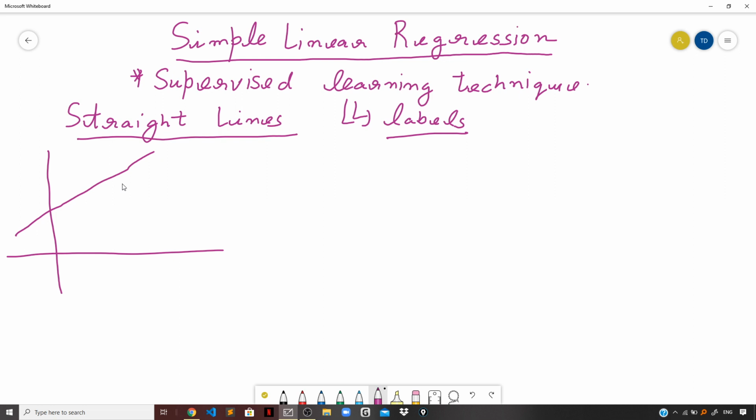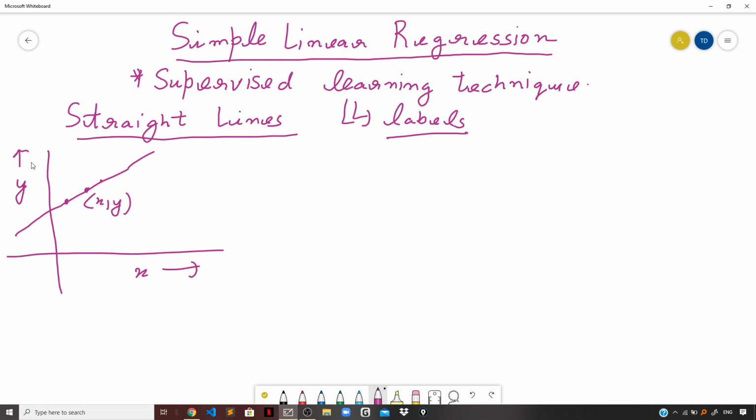You have an equation for it, and each and every point that passes through this line represents a coordinate, or you can say a pair, which is x comma y, where x is your independent variable and y is your dependent variable.